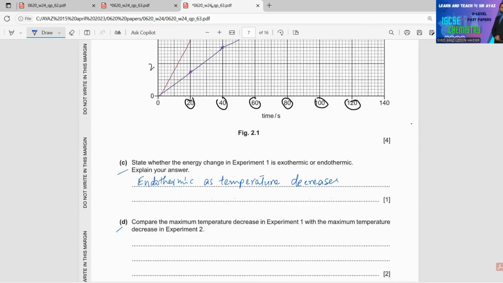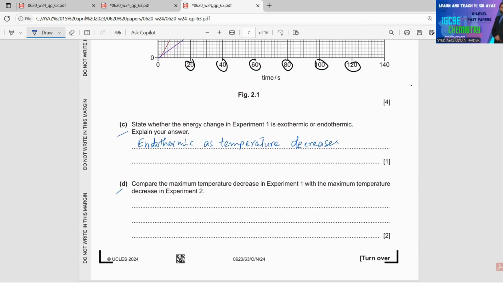So I will write 5 in experiment 1, 10 in experiment 2.